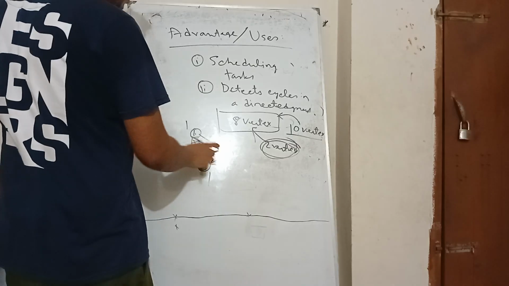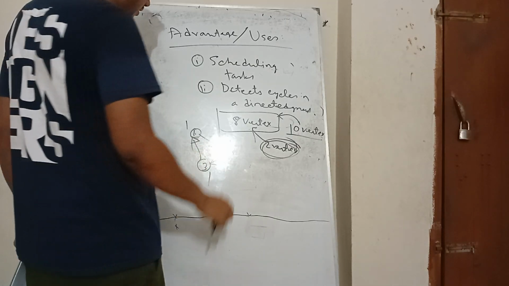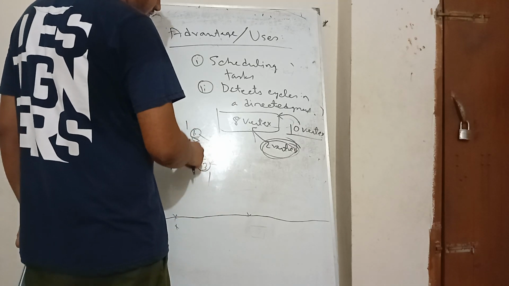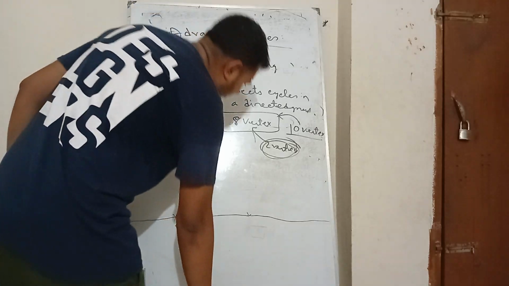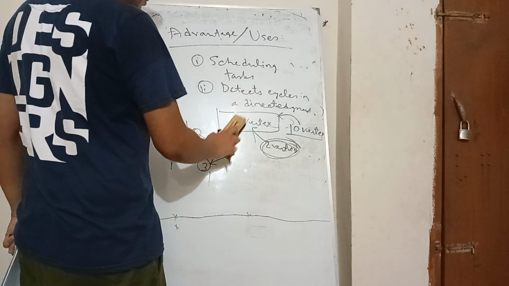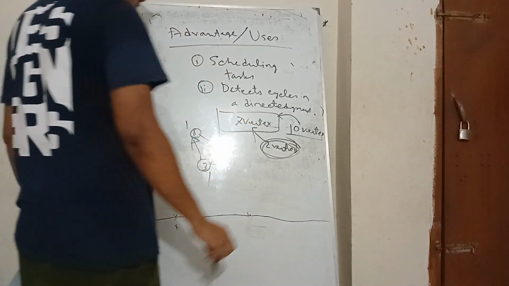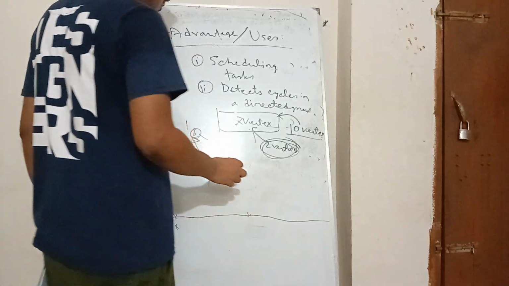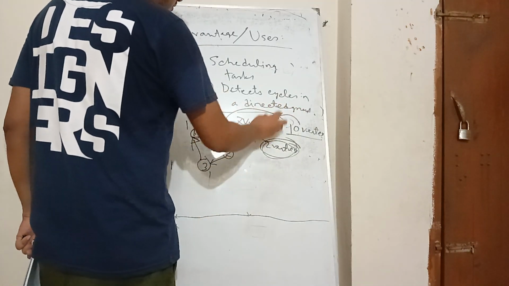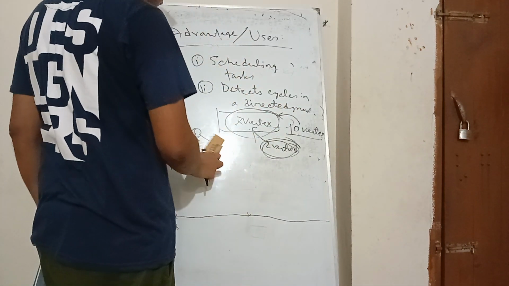So we cannot remove any vertex. So if we cannot include all the vertices in the topological sort, there must be a cycle.